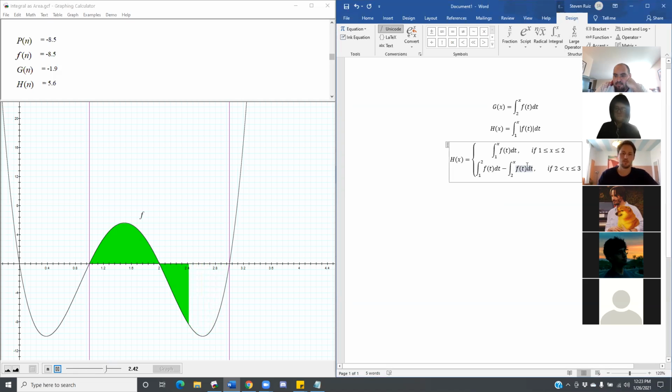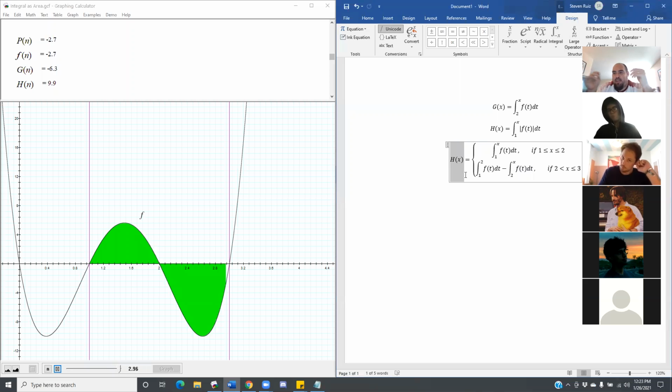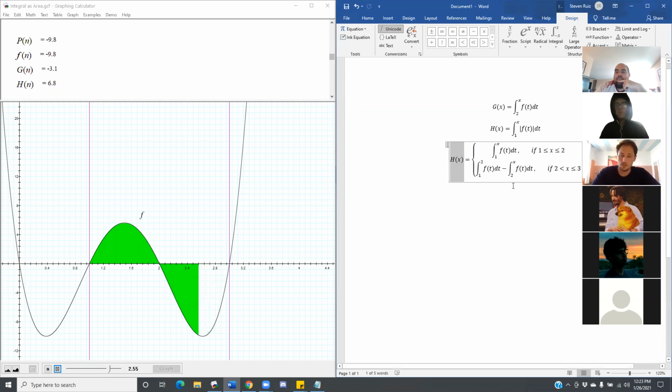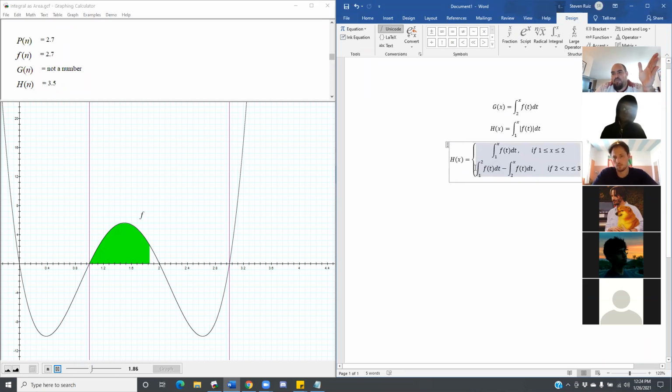I'll put another spin on it, just to be really clear about what the function h of x that we made does. This function accumulates area between x equals 1 and x equals whatever value I put into the input. So if I am given an x value between 2 and 3, then I know that I accumulated all the area between x equals 1 and x equals 2.